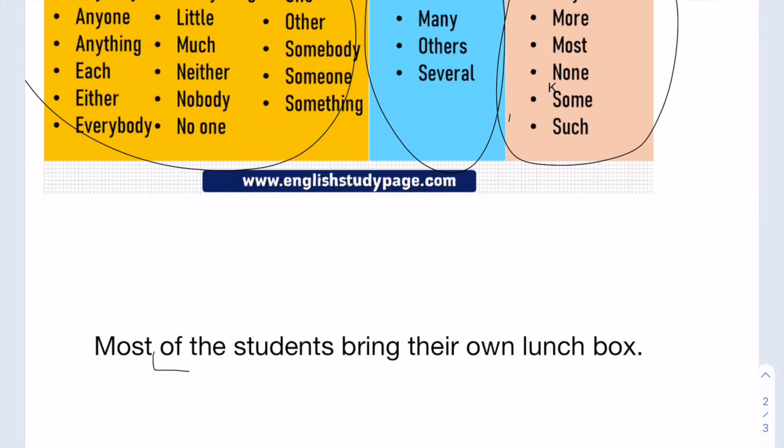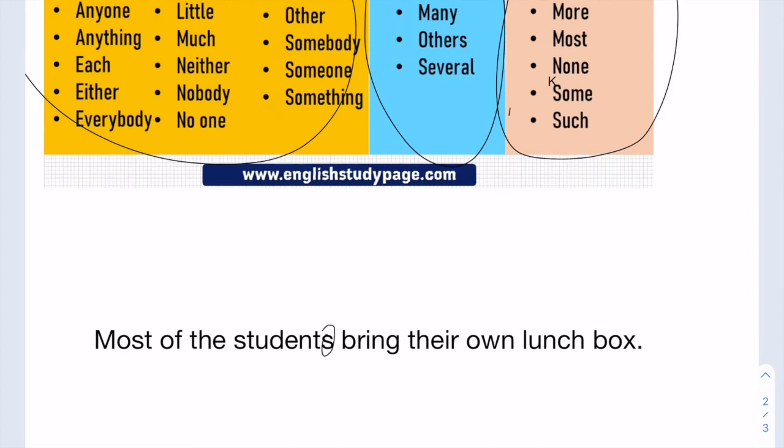Well, you said take away the prepositional phrase. So most, and why would we ever care about the prepositional phrase? Well, in this case, the prepositional phrase matters. Depending on what comes here, it determines whether to use bring or brings. Right?